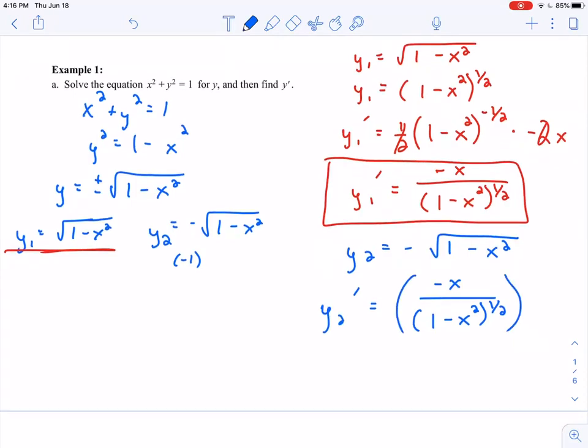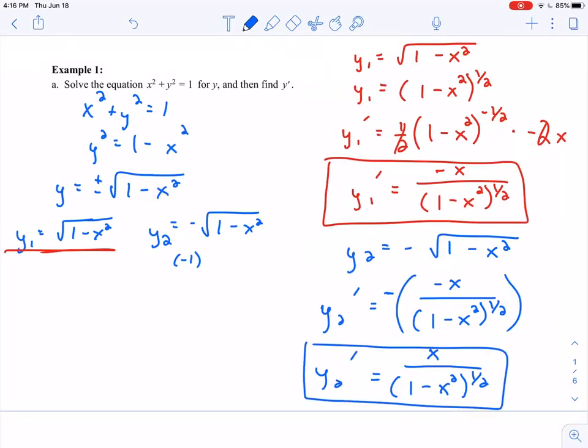I'm just going to multiply that by a negative 1. So you could say negative 1 like that. We could also just put the negative sign right there. And then we would probably want to simplify that just so that it's easier to work with. Then I have x over 1 minus x squared raised to the 1/2 power. So here is my y2 prime.